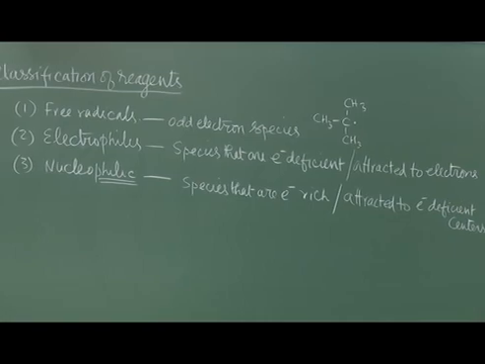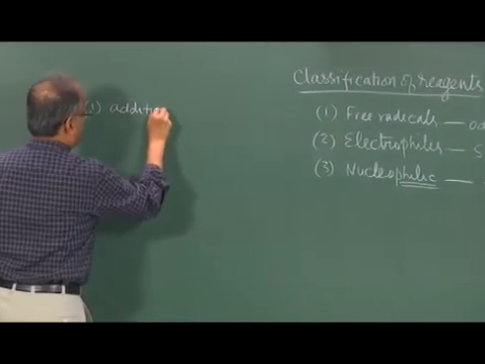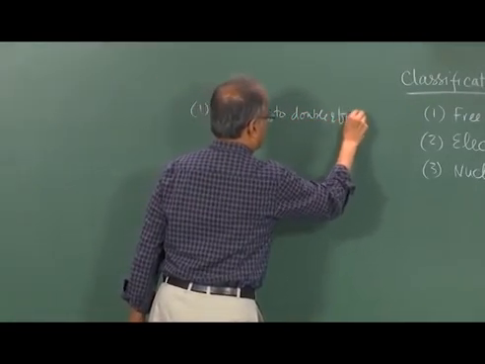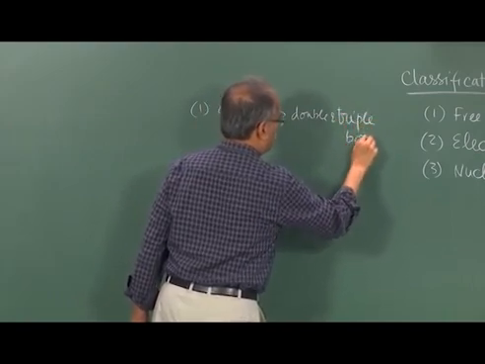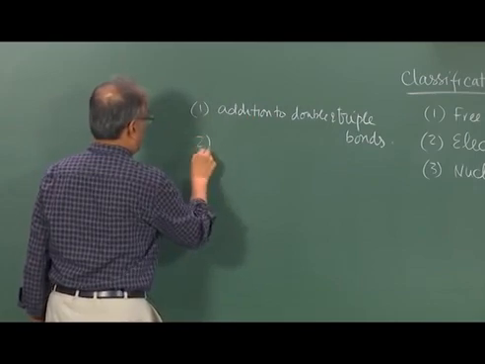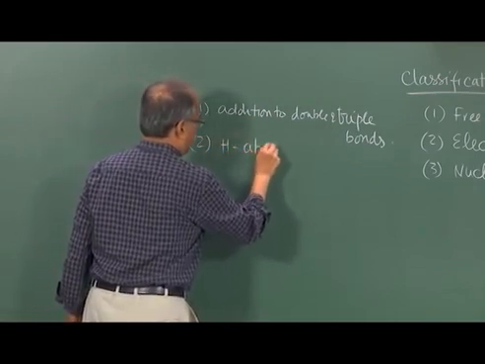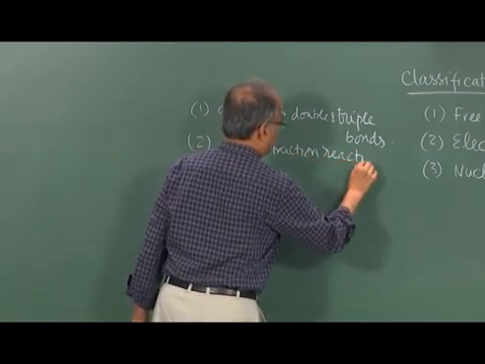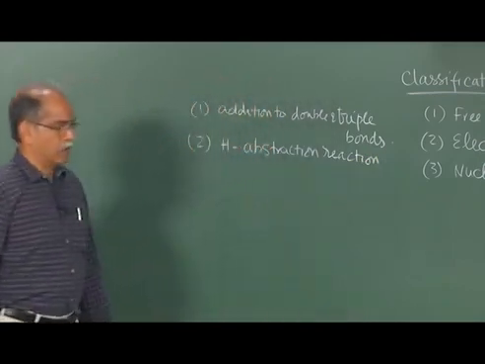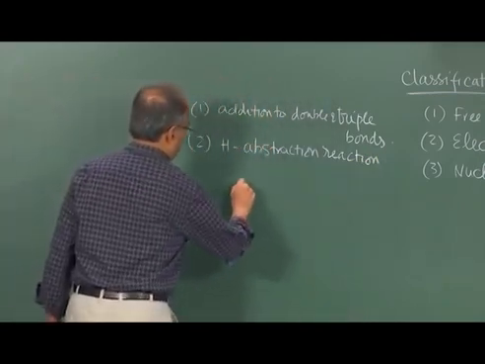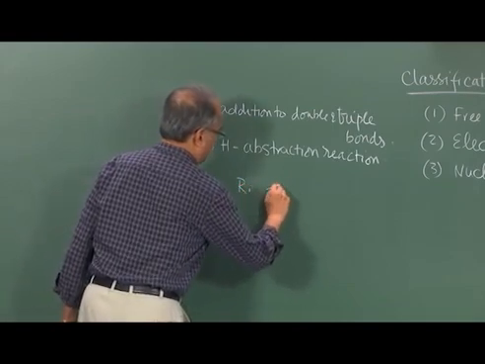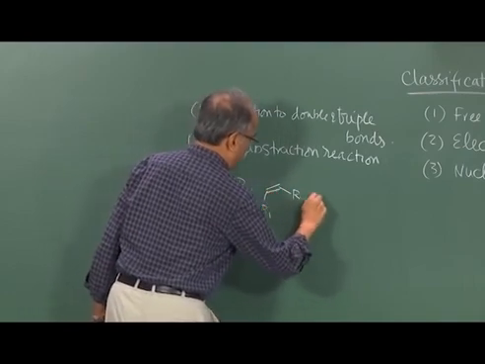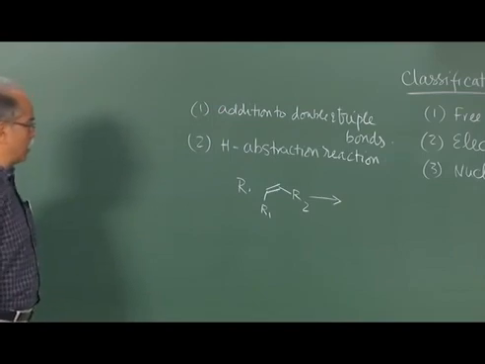Free radicals can undergo addition to double and triple bonds. They can also undergo hydrogen abstraction reaction. If we consider a free radical R dot, it can undergo addition reaction to a double bond.